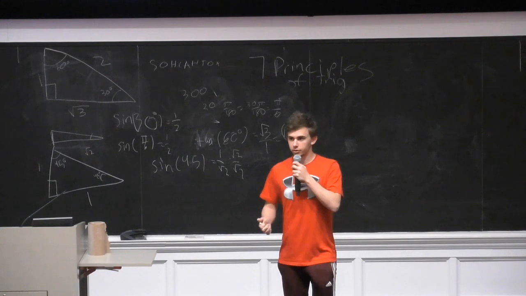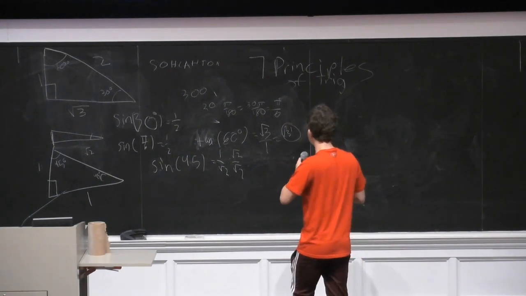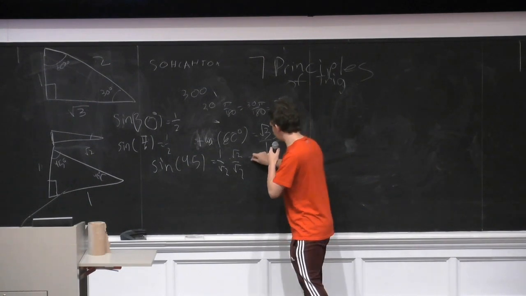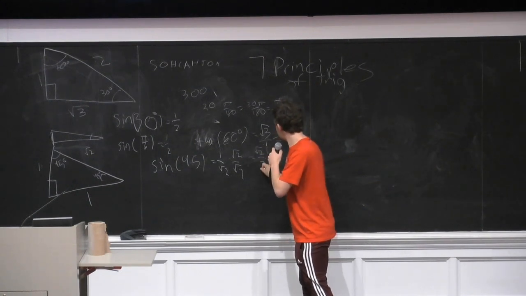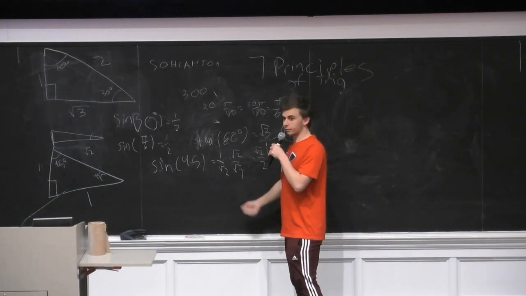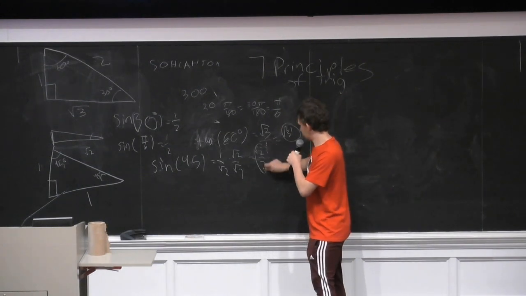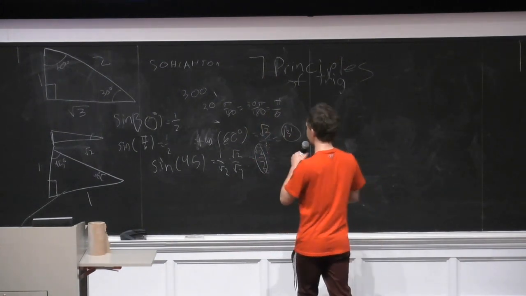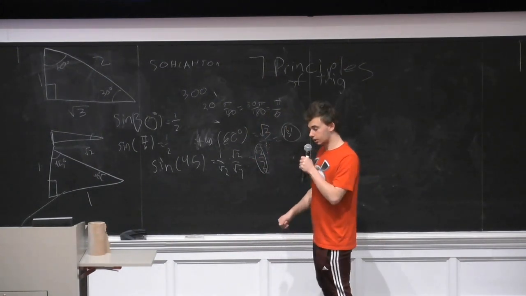A lot of times you don't want to leave that there. It's improper to leave that there, but it could be left. So you get rad 2 over 2, but it can also be written as 1 over rad 2. So sine of 45 is rad 2 over 2, like I said. So that's the second principle, very similar to the first principle.